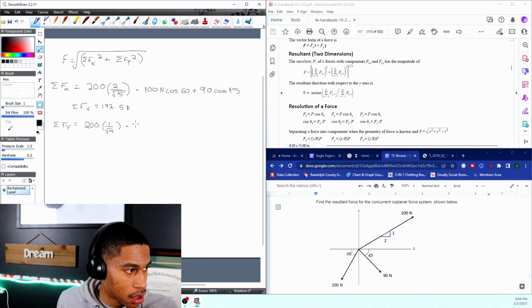So for the 100 newtons, it's pointing in a downwards direction in the y-axis, so it's negative 100. And in this case, it's not going to be cosine because we're not looking for adjacent over hypotenuse. We're looking for opposite over hypotenuse. So it's going to be sine of 60.